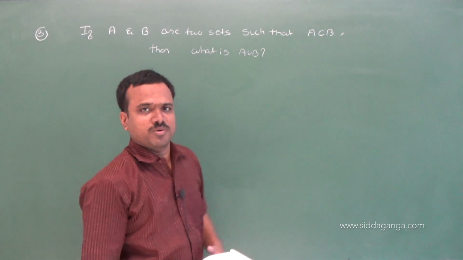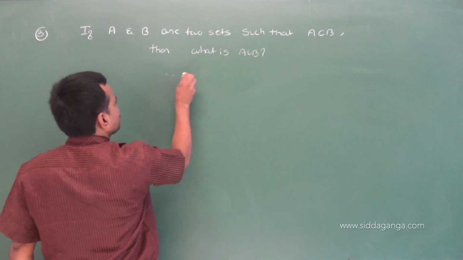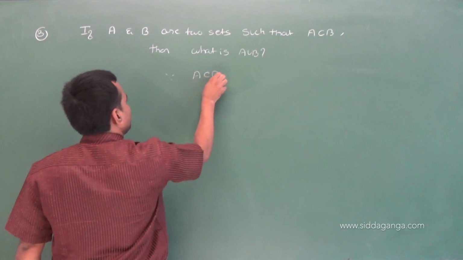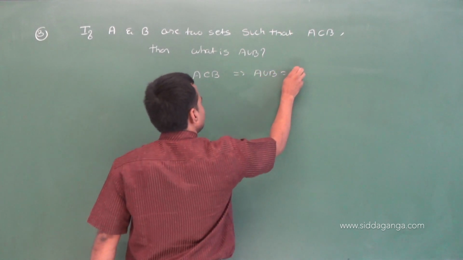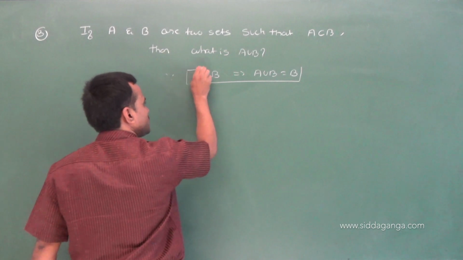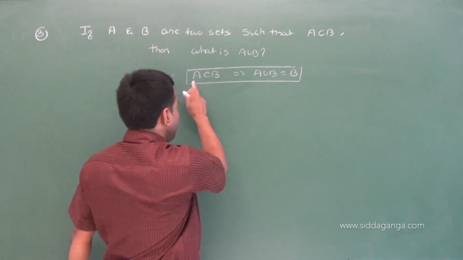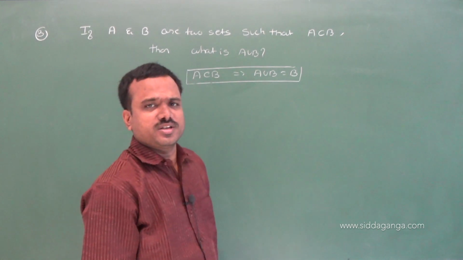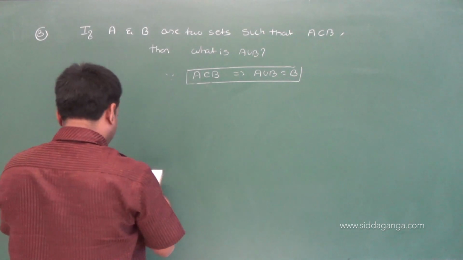In the previous problem, just now we discussed, since A is a subset of B, that implies A union B is equal to B. A subset of B implies A union B is equal to B.